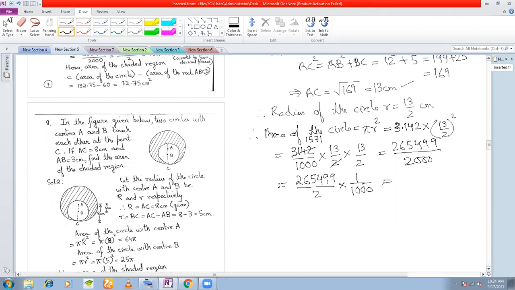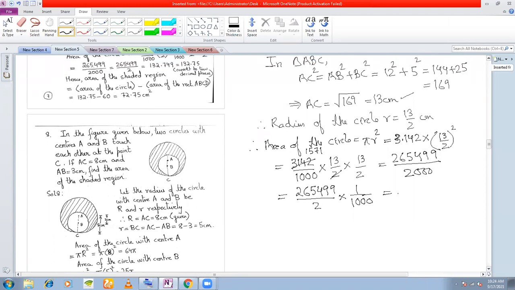Okay. So how much is this? 265499 divided by 2 is 132749.5.